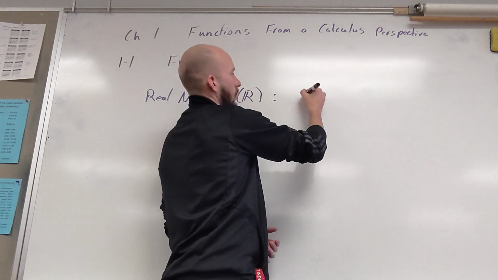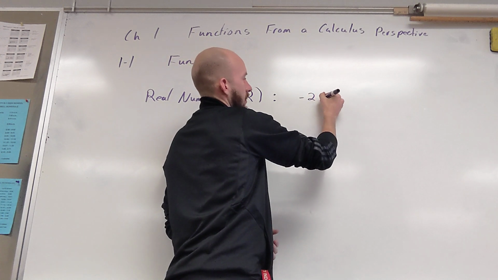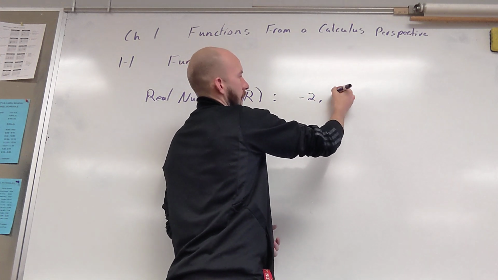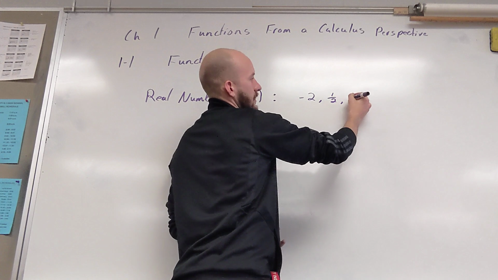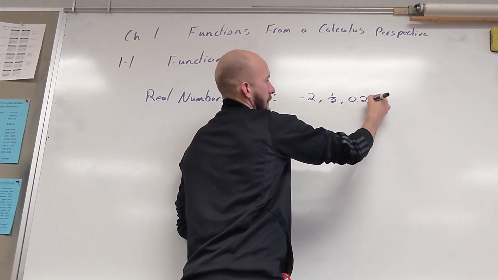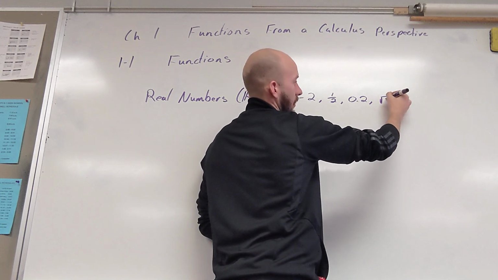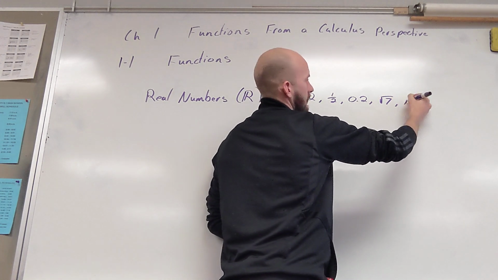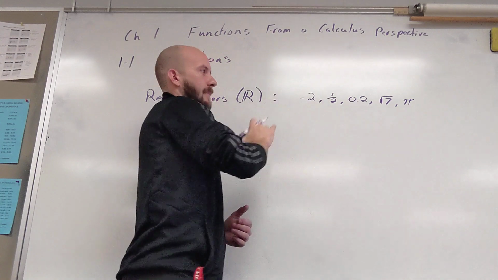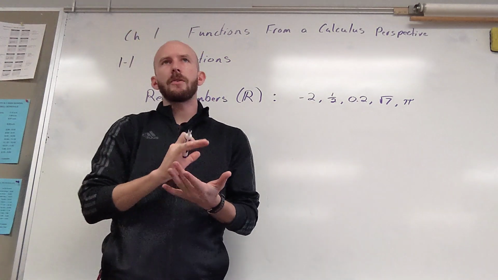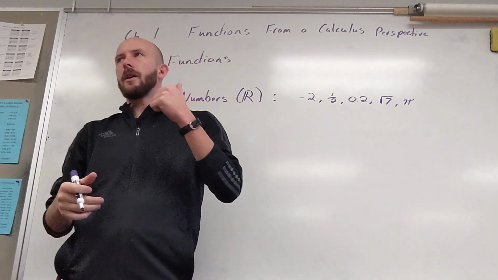This would include positive and negative whole numbers, fractions, decimals, but also irrational numbers like square root of 7, pi, basically every type of number that you can think of except for imaginary.